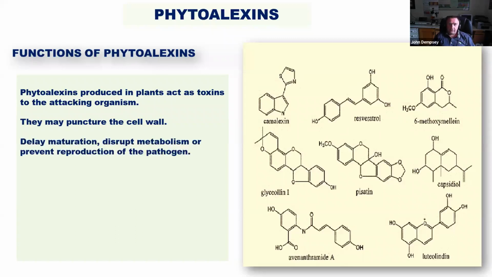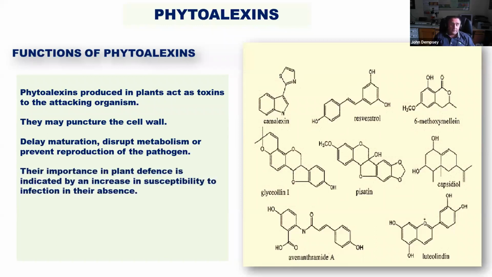They can disrupt the growth and metabolism of the fungi and prevent their reproduction. They have numerous functions, actually, and it's been shown in various research that by removing or stopping the production of phytoalexins, the plants become much more susceptible to infection. So they are a crucial response for plants to infection. They have to occur for the plant to have any chance of fighting off infection.